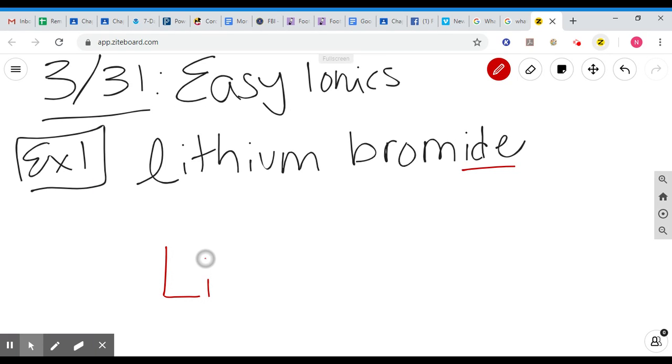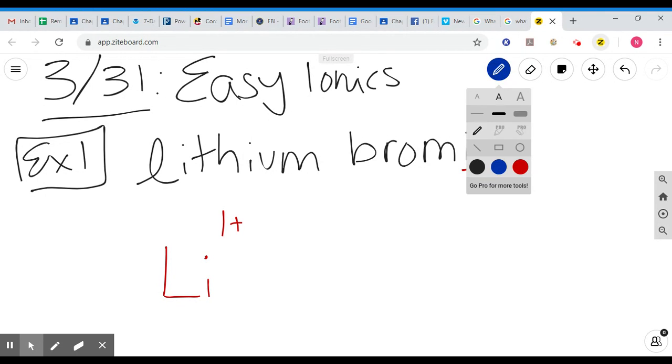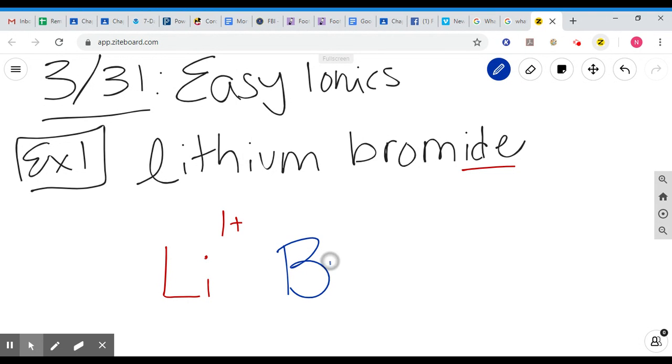So I have lithium, and I'm going to write its charge as an exponent. So lithium is in group 1, and its charge is 1 positive. And then we have bromide, which is the element bromine. And bromine is in group 17, so its charge is 1 minus.